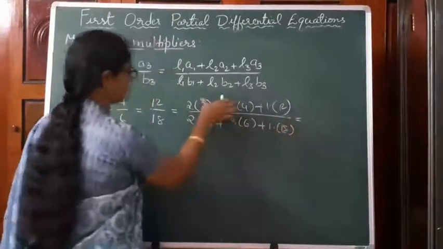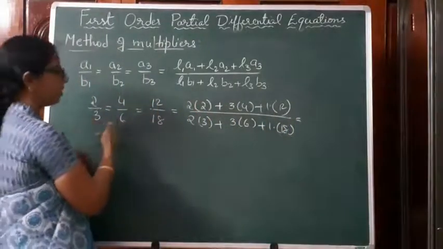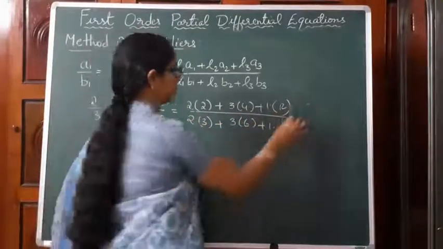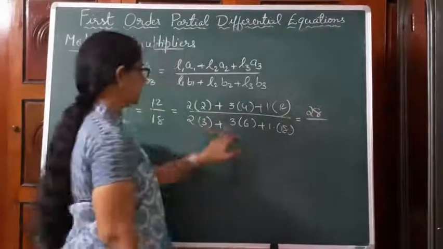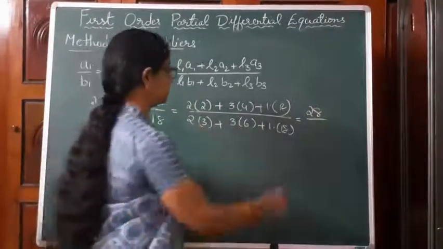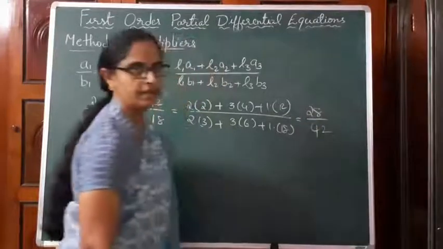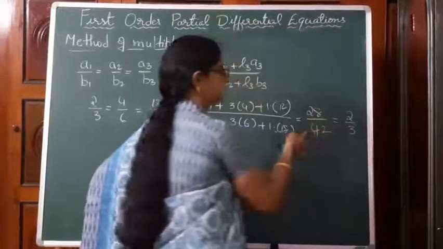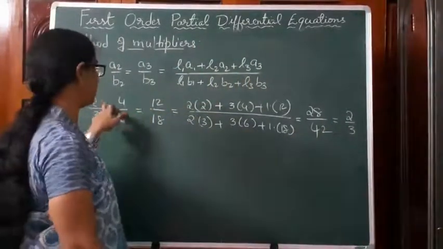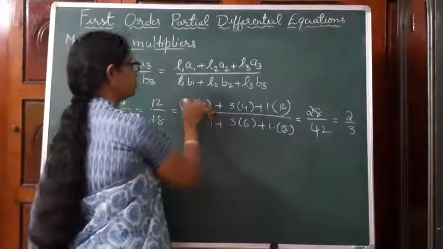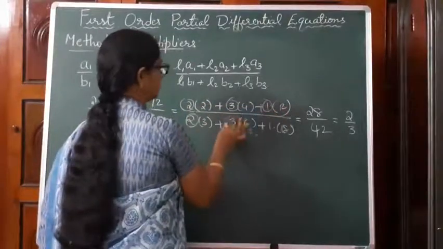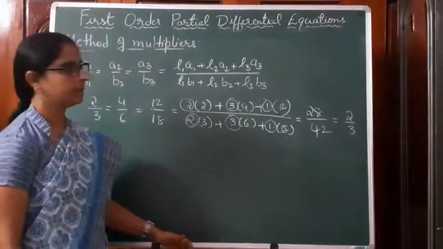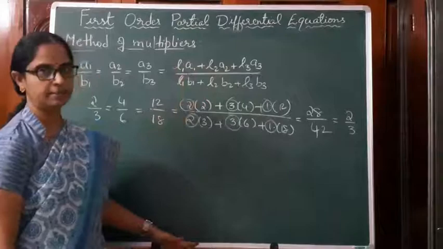Check whether this ratio is equal to 2 by 3 or not. 4 plus 12 is 16, plus 12 is 28, divided by 6 plus 18 is 24, plus 18 is 42. 28 by 42 is again equal to 2 by 3. So the ratio is again 2 by 3. In fact, here I took 2, 3 and 1 as L1, L2, L3, but it holds for any values of L1, L2 and L3. You can check that. These L1, L2, L3 are called multipliers.